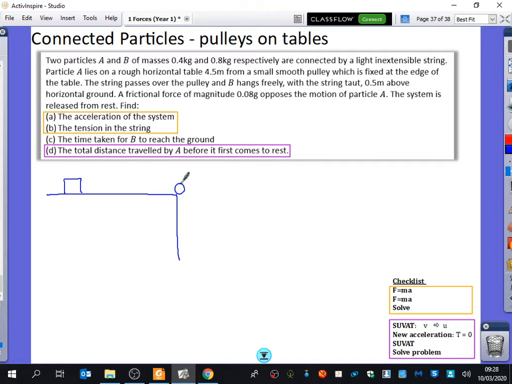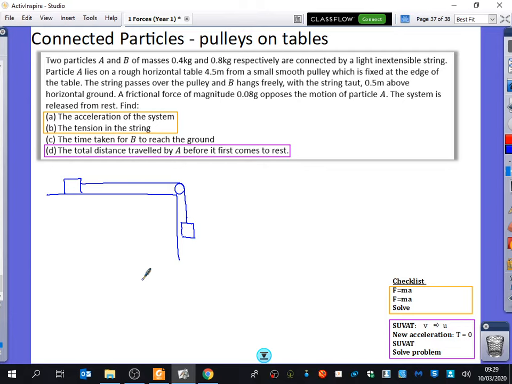Okay, so my diagram is not going to be perfectly to scale here, but it's saying that particle A is connected by a string, and then there is a particle B here, which is hanging freely. The fact it's hanging freely means that it's not touching this other side of the table. It's just hanging in the air, so there won't be any reaction force.